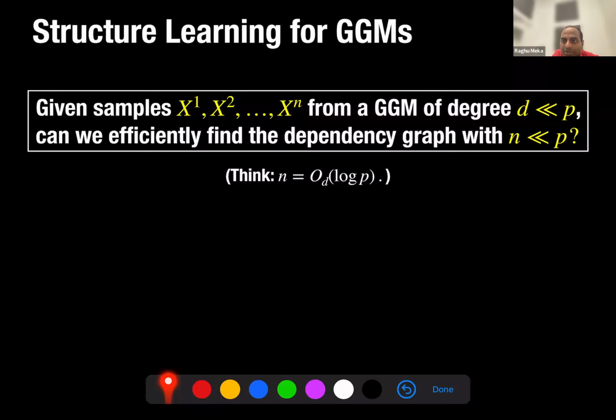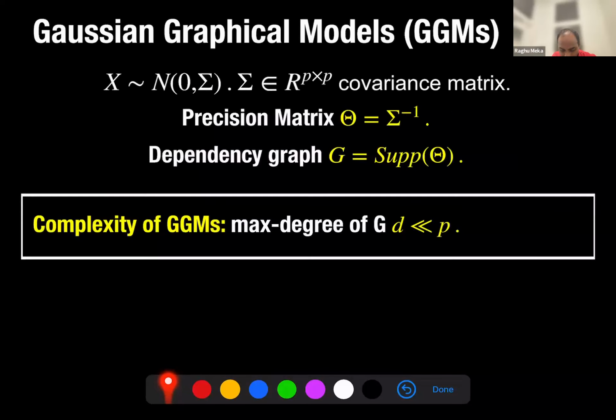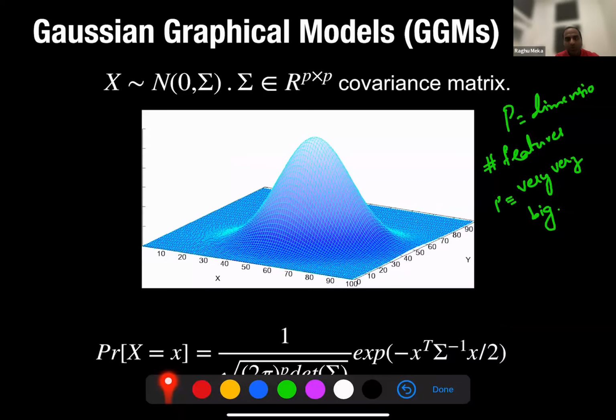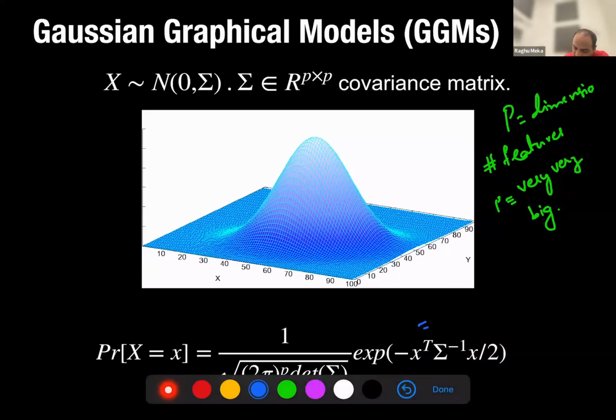There's a question: intuitively, why does the precision matrix correspond to the conditional independence structure? It's a very good question. Part of the reason is, if you go back to the equation of the Gaussian distribution, you have this minus x transpose theta x here, right? So the distribution is proportional to exp of minus x transpose theta x by 2.